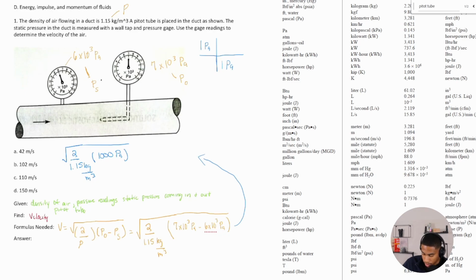Newton over meter squared. So 1 Newton over meter squared. Okay. So I'll be able to switch that unit into Newton over meter squared, but that's still not going to cancel out my units completely.